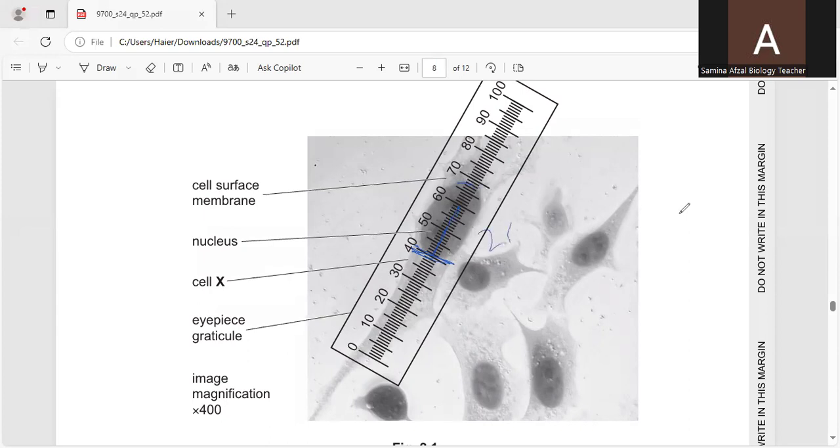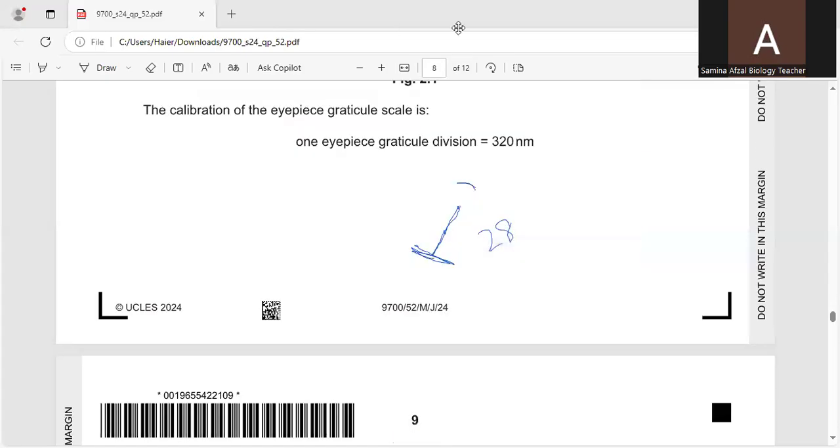It's almost 28 eyepiece reticule units. Now we will make use of these 28 eyepiece reticule units, and we will try to find out our answer. We will calculate in this way in the given space.